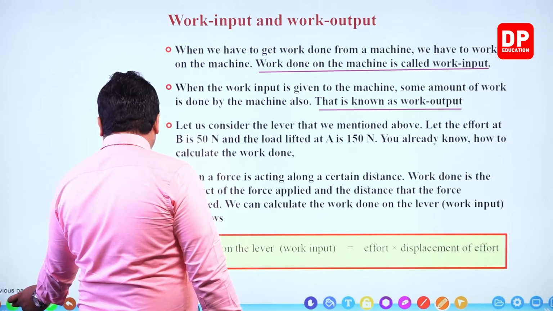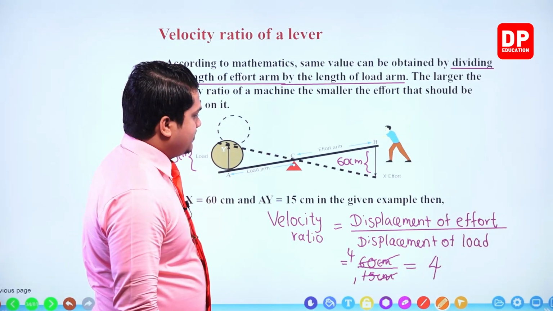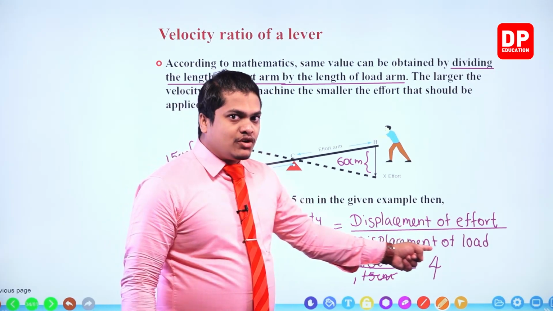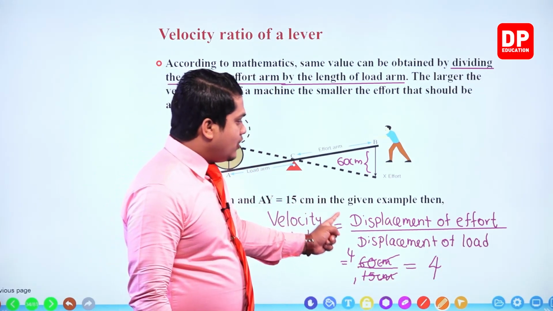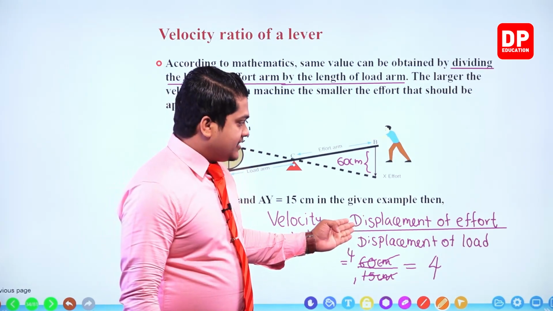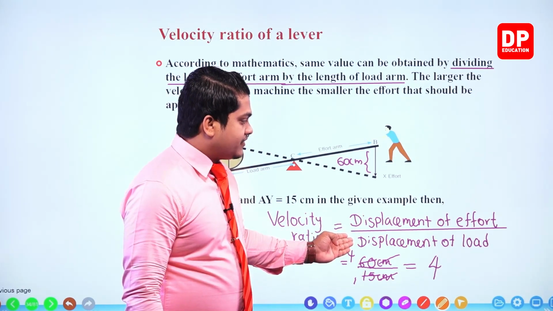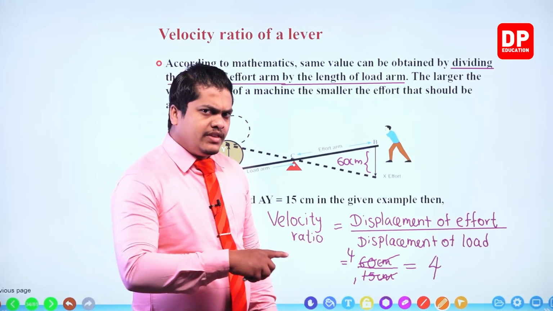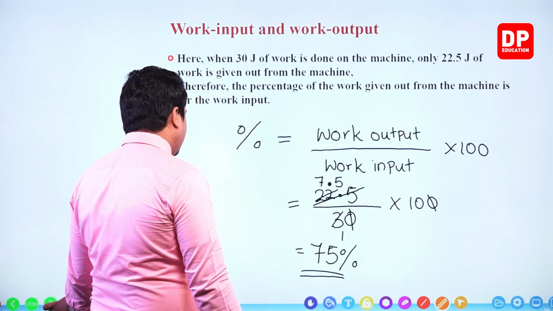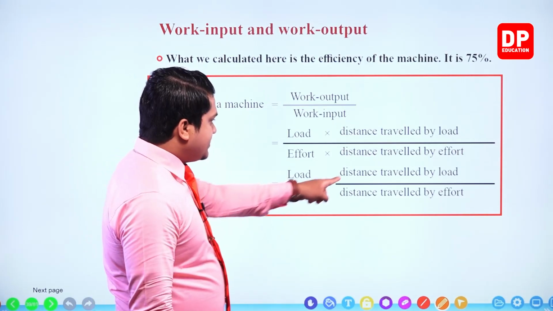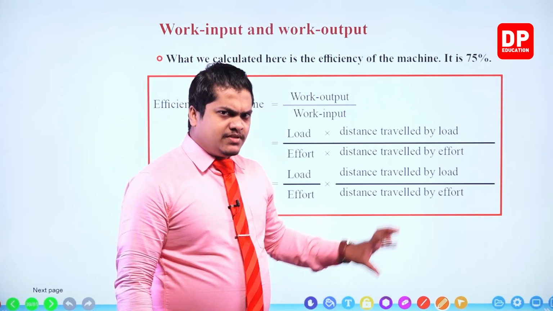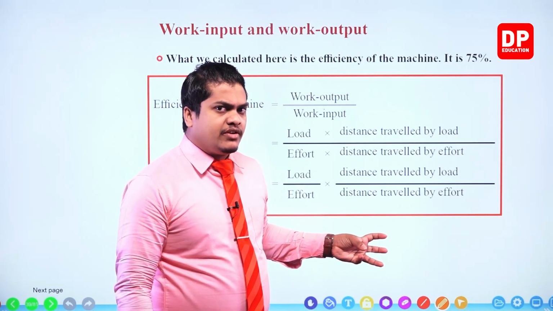See, displacement of effort divided by displacement of load is equal to the velocity ratio. In here, the distance traveled by the load over the distance traveled by the effort is the reciprocal of the velocity ratio.